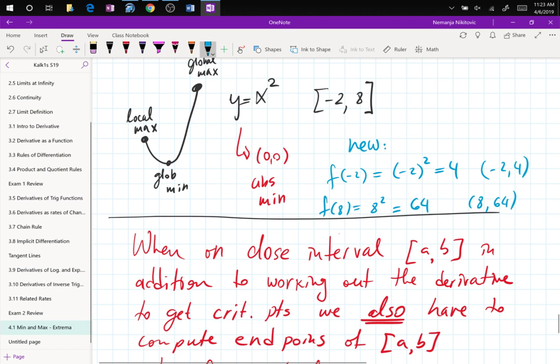So this is what we have as new. Now, highest of all y values is going to be your absolute max, and the lowest of all y values is going to be your relative min. Or sorry, your absolute min. And everything in between is either a min or a max, and it's all relative.